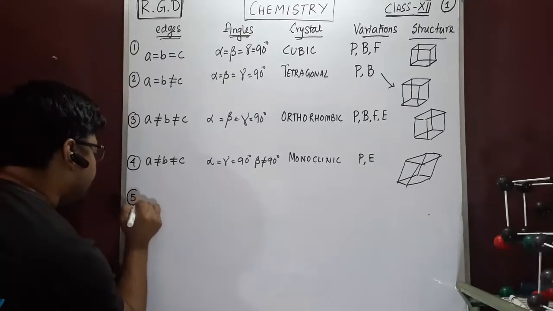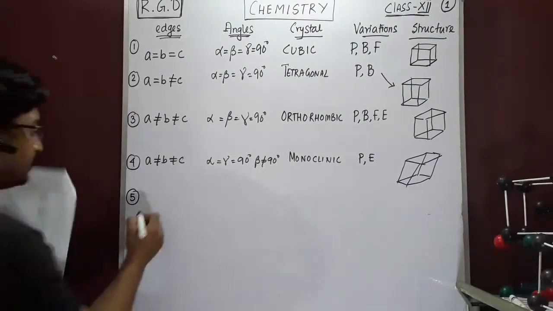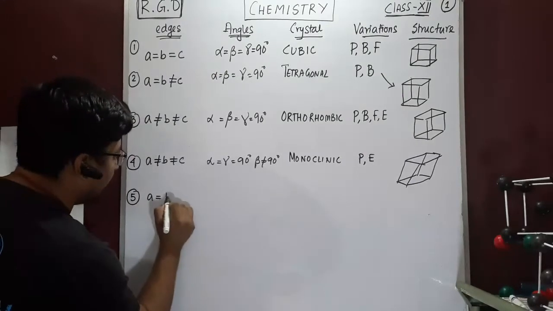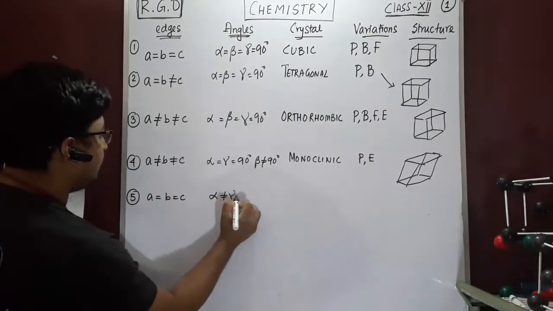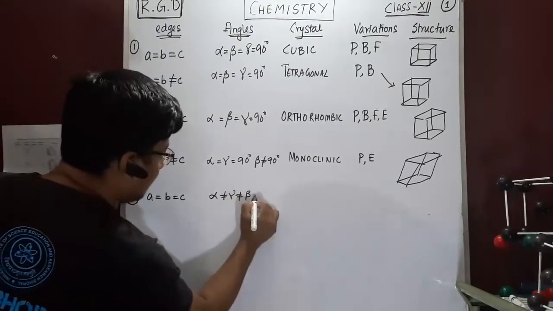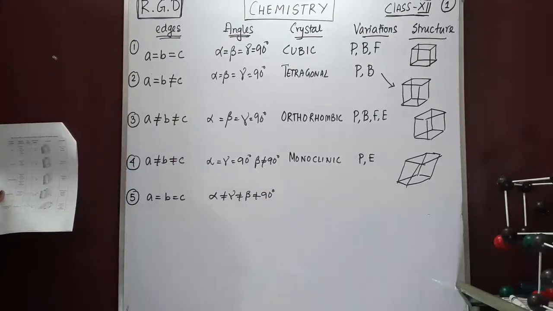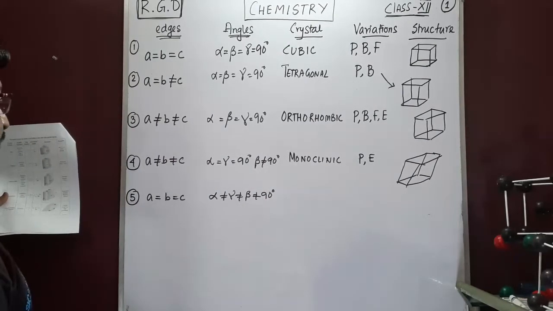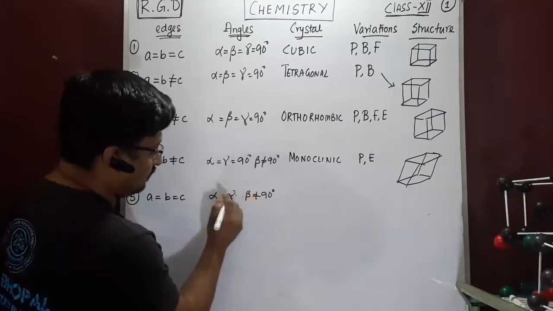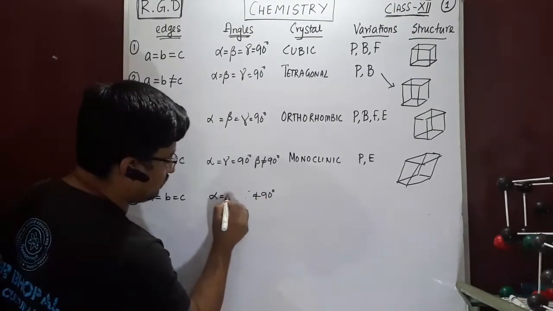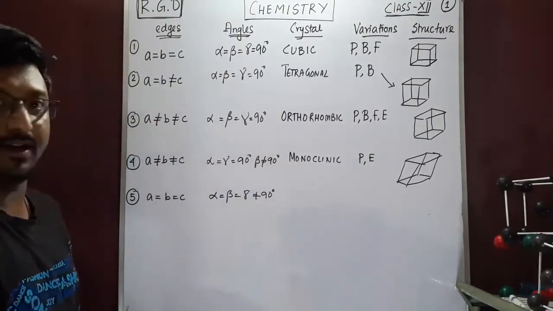Number five. What do you have? In case your A is equal to B is equal to C, and alpha is equal to beta is equal to gamma, and all of them are not equal to 90 degrees.